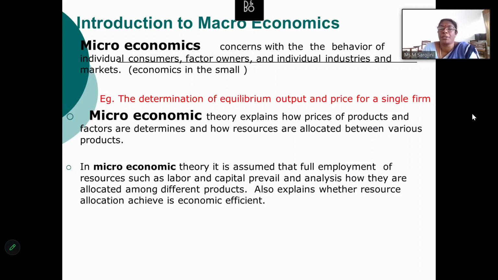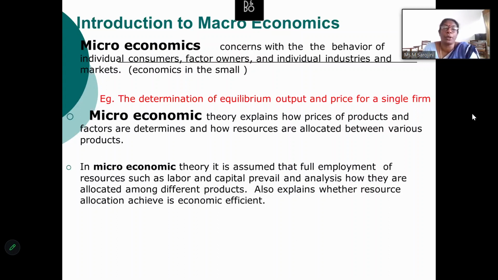And individual industries and markets. Here we consider economics in the small, right? Only individual industries, only the household sector, or the owners of the factors, or individual customers. The behavior of these sectors is analyzed by microeconomics.